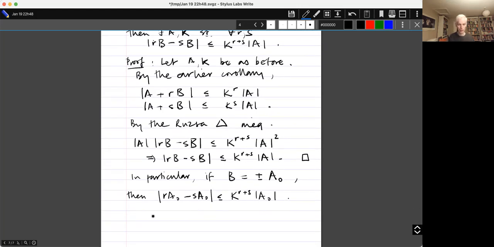Also, what was the hypothesis? That follows from the assumption that A naught plus or minus A naught is less than or equal to K naught times the size of A naught. Let's put a little naught in there.